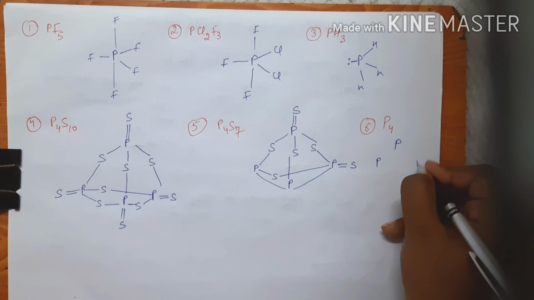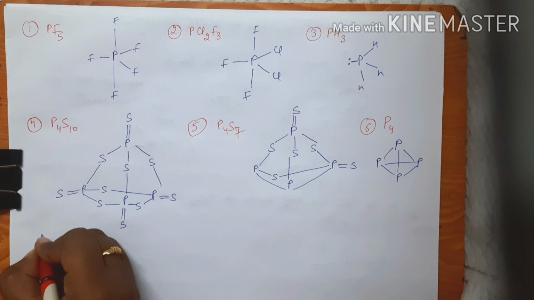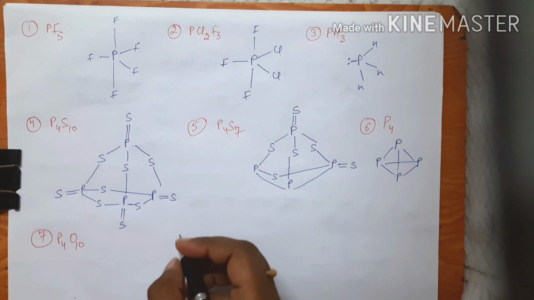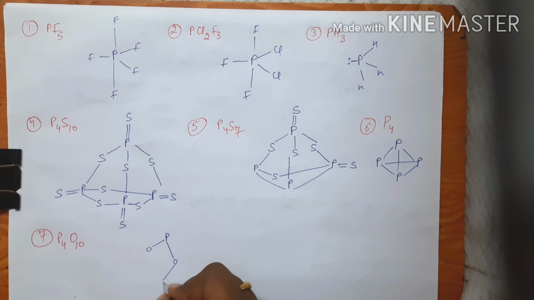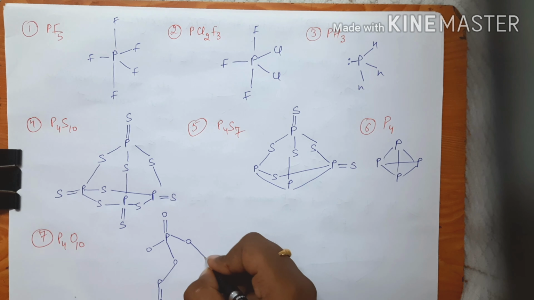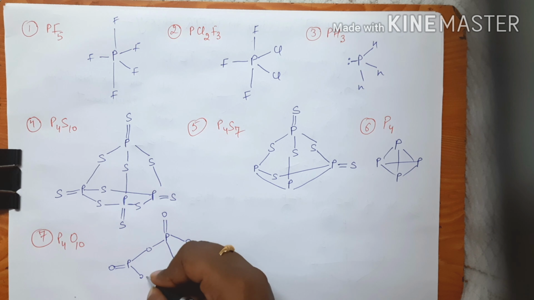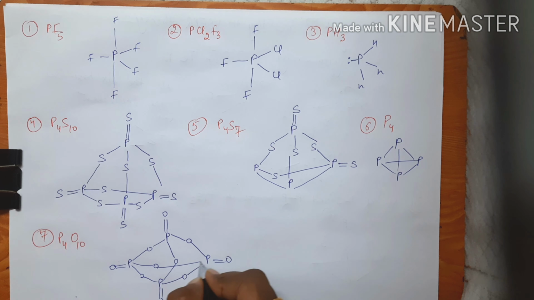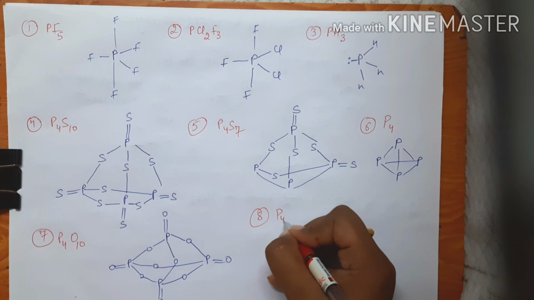This is a simple one. Next is P4O10. This is P4O10, and the last structure is P4O6.